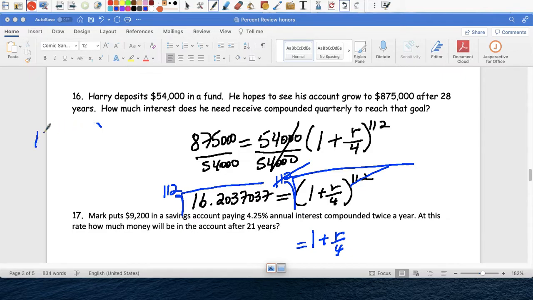So in your calculator, you press this one, then this button, and this button. Once you go through those 3 steps, you should see this. And inside, we're going to put that ugly number, 16.2037037. Press enter. And this is what you should have, 1.025180006.